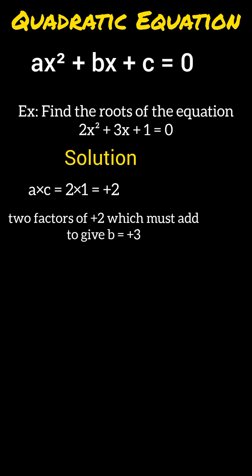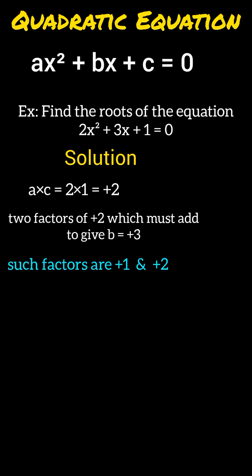Plus 3 is b, that is the number multiplying x in our question. In this case, it is 3. So find 2 numbers of plus 2, which when added will give us plus 3. The 2 numbers which are factors of plus 2 added to give us plus 3 are plus 1 and plus 2.